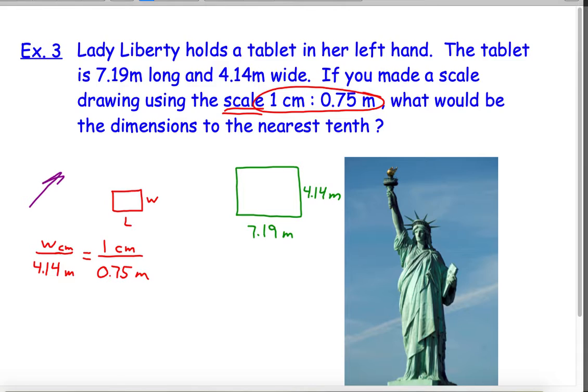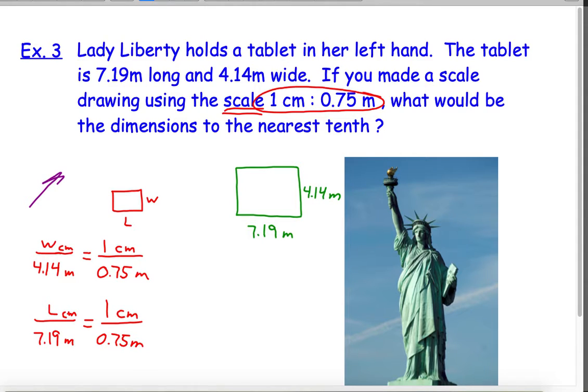Before I solve that, let's go ahead and do the same for L. So L over 7.19, and that's meters. L will be centimeters. Will also equal 1 centimeter to 0.75 meters.